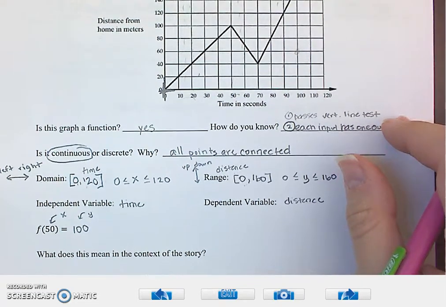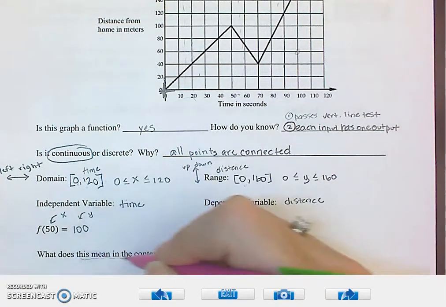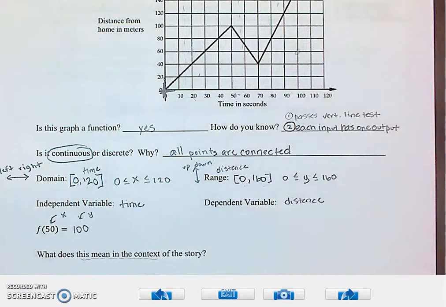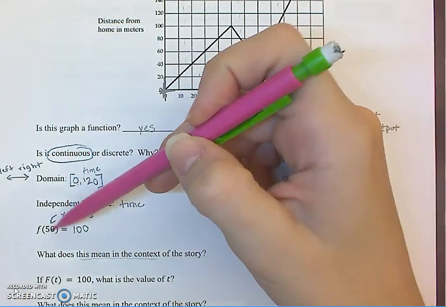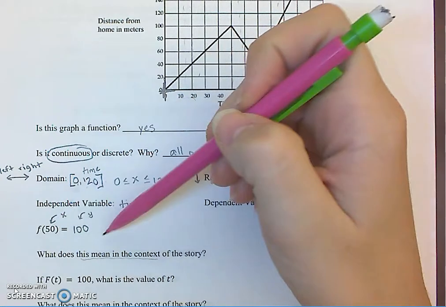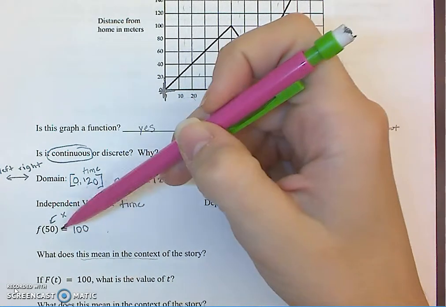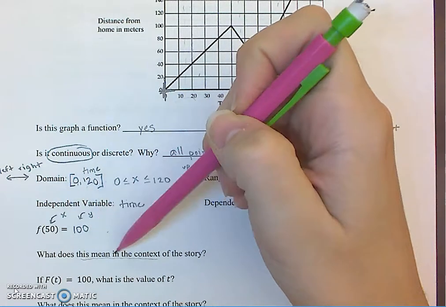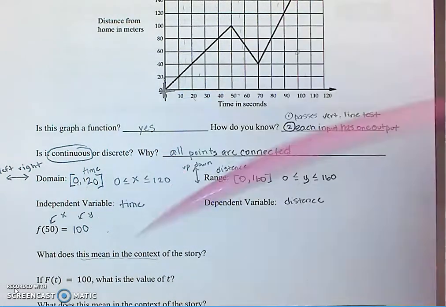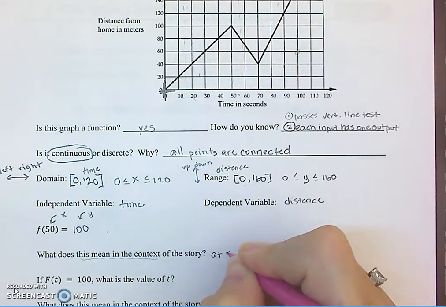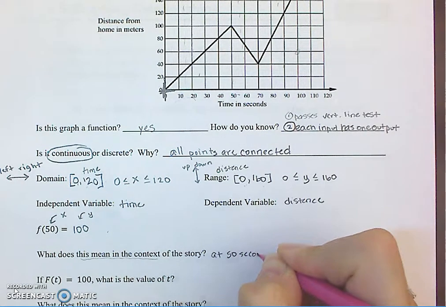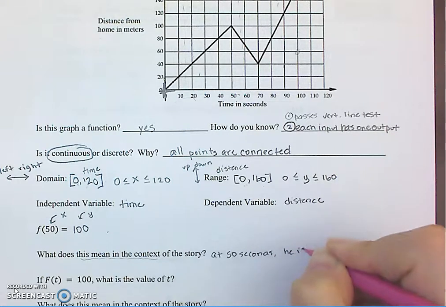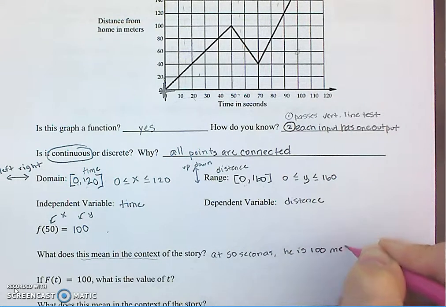The next question says, what does this mean in the context of the story? If I know that 50 represents my time, and I know that 100 represents my distance, then when I want to say this out loud in English, I could say f of 50 equals 100, but if I want to describe this to someone in terms of what those numbers mean, I would want to say something like, at 50 seconds, he is 100 meters from home.